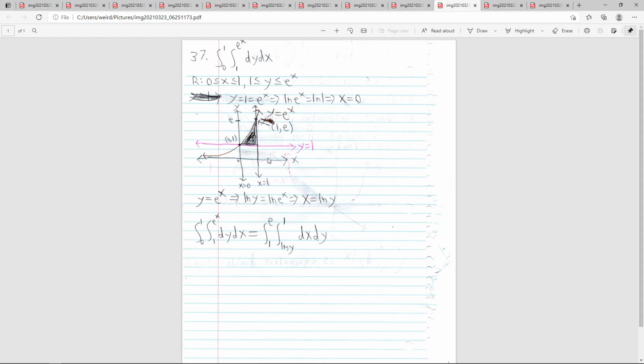This brown line over the. So ln y will be on the bottom because it's this line to the leftmost, and the right boundary will be just x equals 1. And y will be 1 to e. It goes from 1 here to e. So really, you're picturing, because when x is defined as a function, it's going to be a curve or whatever.